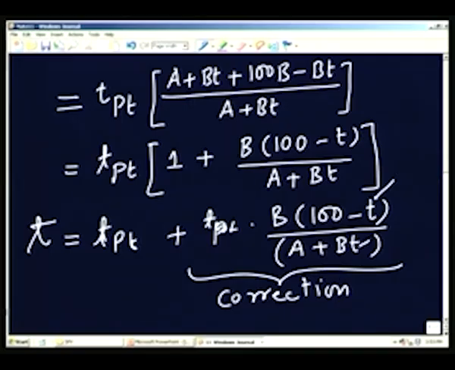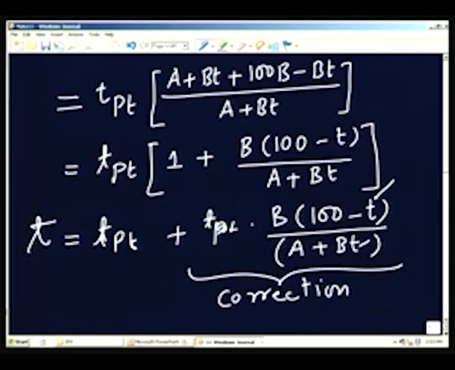So, what we will do is, we will assume that this temperature can be approximated by the platinum resistance thermometer scale, which is indicated by Tpt, number 1, and number 2, this is A plus BT, we will assume that in the denominator this term is not as important as this term, therefore, we will neglect this term BT in the denominator.